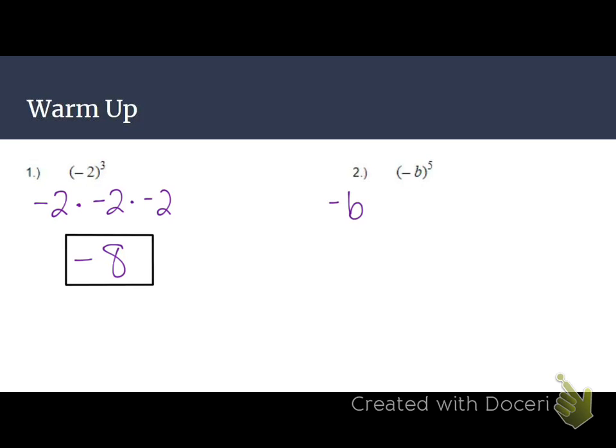So if we were to write this out, we could write all 5 of these negative b's out. A negative times a negative makes a positive, but then we have 1 left over. So a positive times a positive times a negative means our answer is definitely negative b to the, don't make it hard, 5th power.